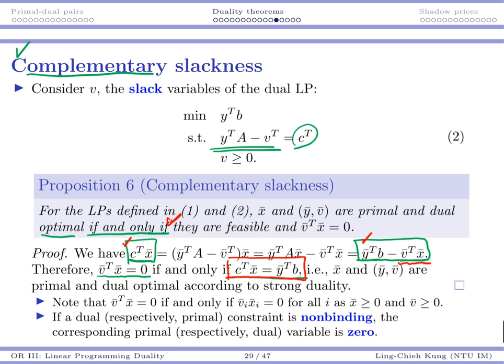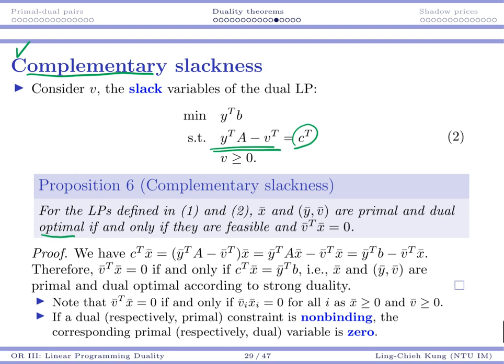So if V transpose X is 0, then this equality is true and they are optimal. Or the other way, if they are optimal, then strong duality says the two terms are equal, so V transpose X would be 0. That's how strong duality and complementary slackness imply each other.